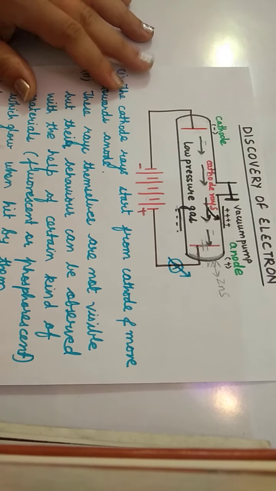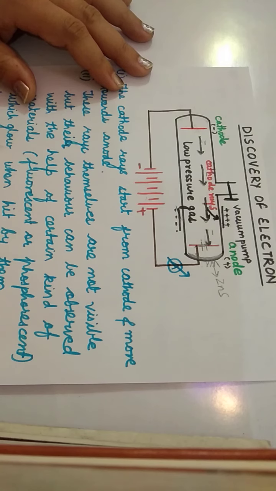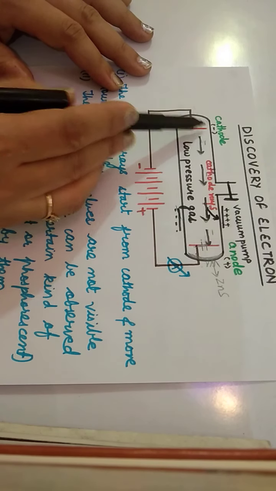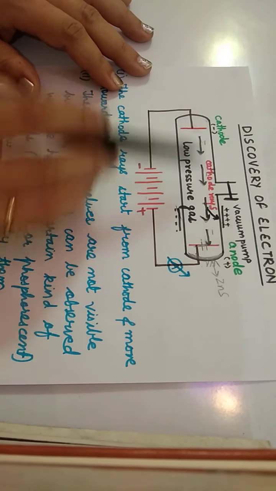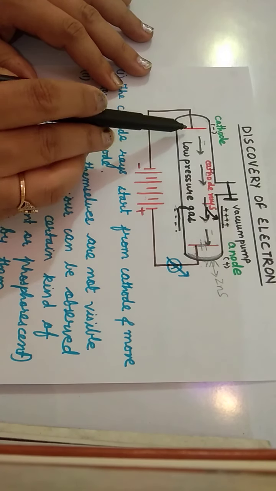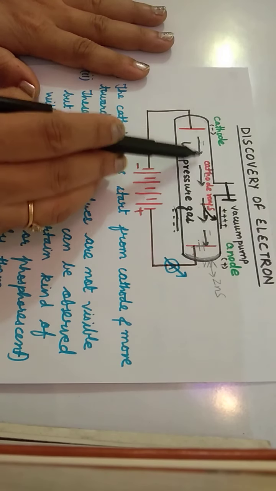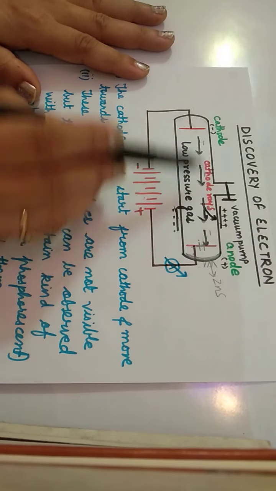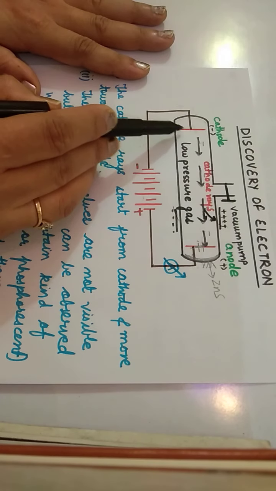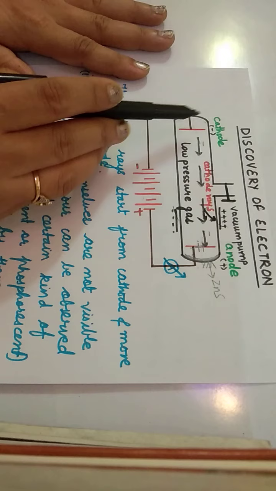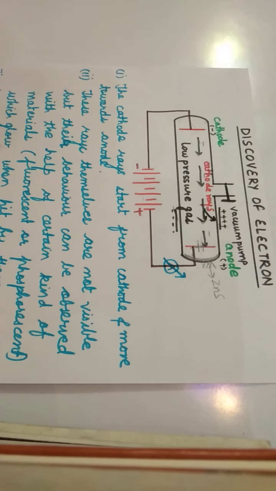It means it does not depend upon the material of the electrode. You can make the cathode from any material, and make the anode from another substance, and still these rays will travel from cathode to anode only. It does not depend on what the electrode is made of.